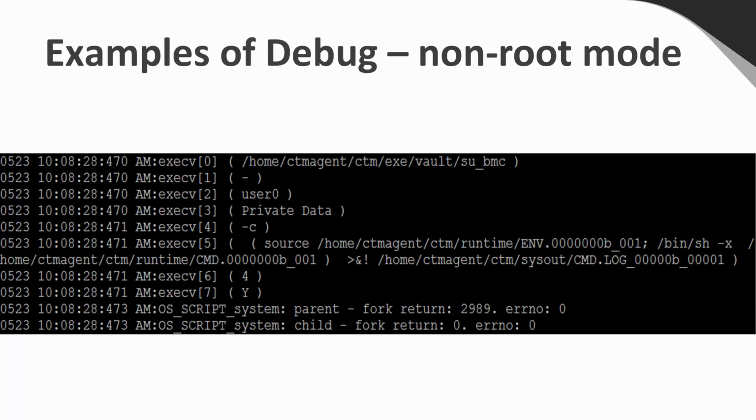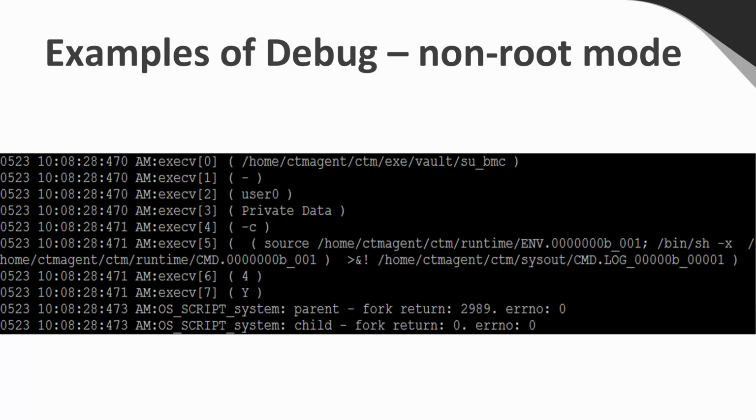You can see we create a temporary file to store environmental information, and then we have the command line wrapped as well, and then we use this redirection to create the output file. In this case, the 4 that follows is the debug level. I had it in debug 4, and the Y indicates that the PAM authentication was enabled, and we can see here in this case, fork return is the PID of the child, and then error 0 indicates success.